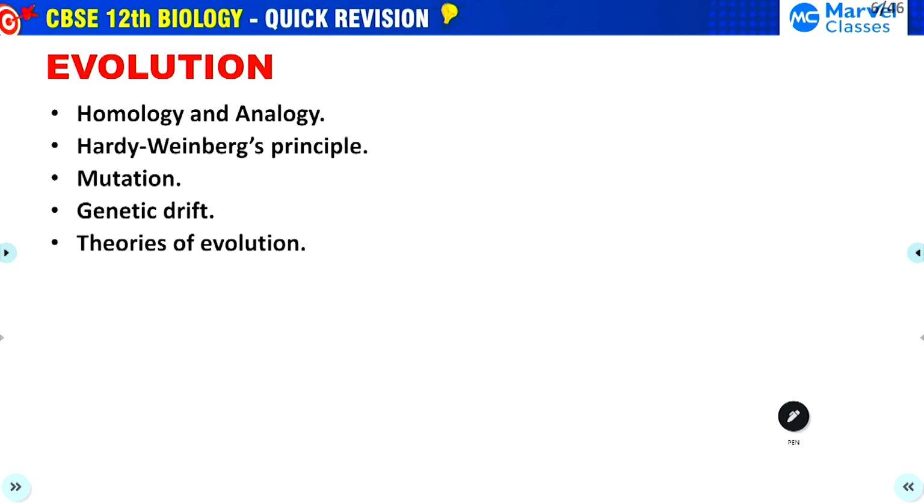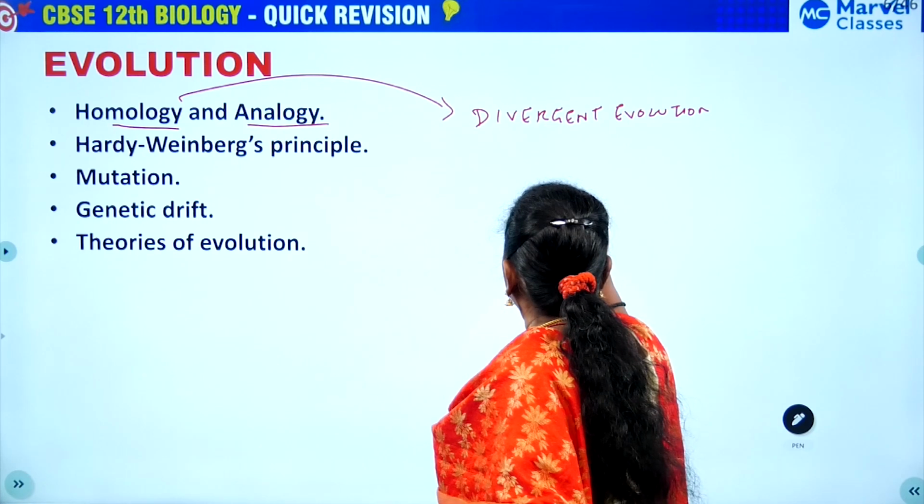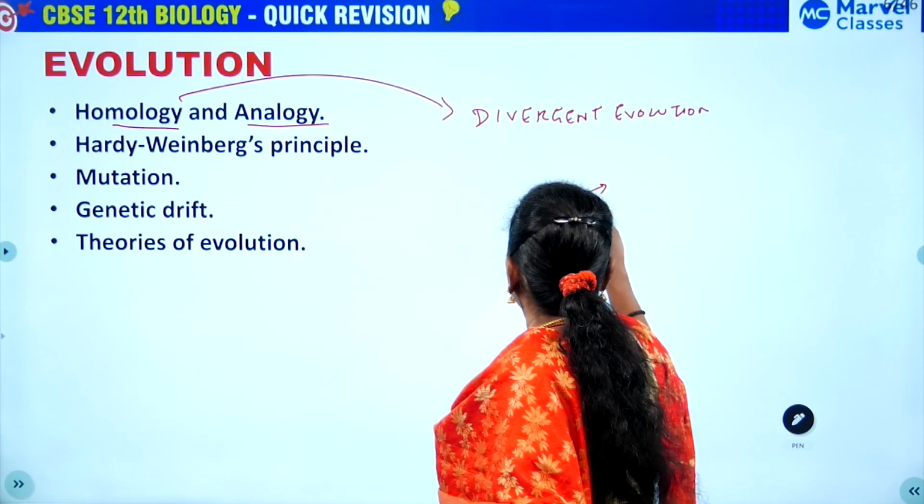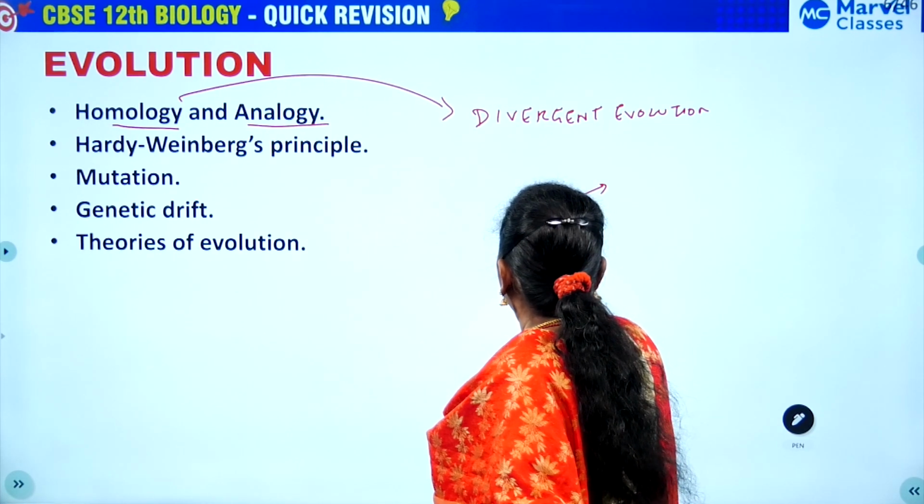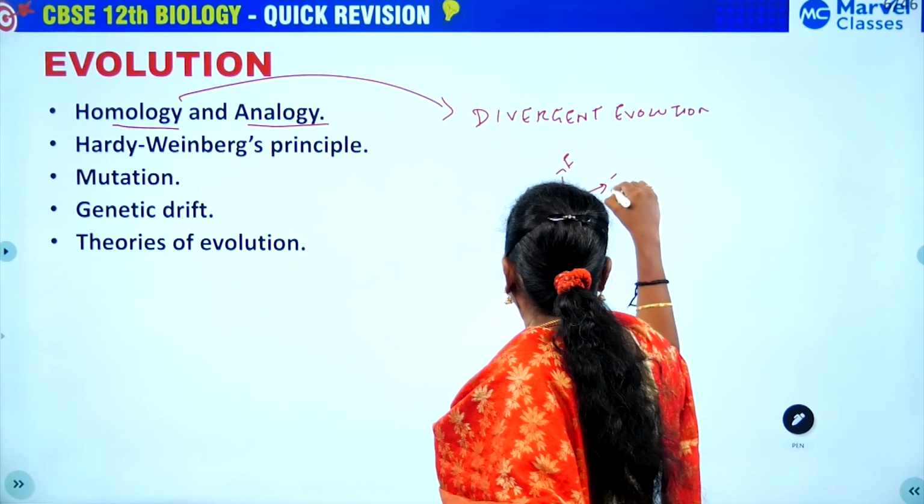Then the next topic is evolution. Here you have to tell about homology and analogy. Homology is divergent evolution, which means same origin, different function.